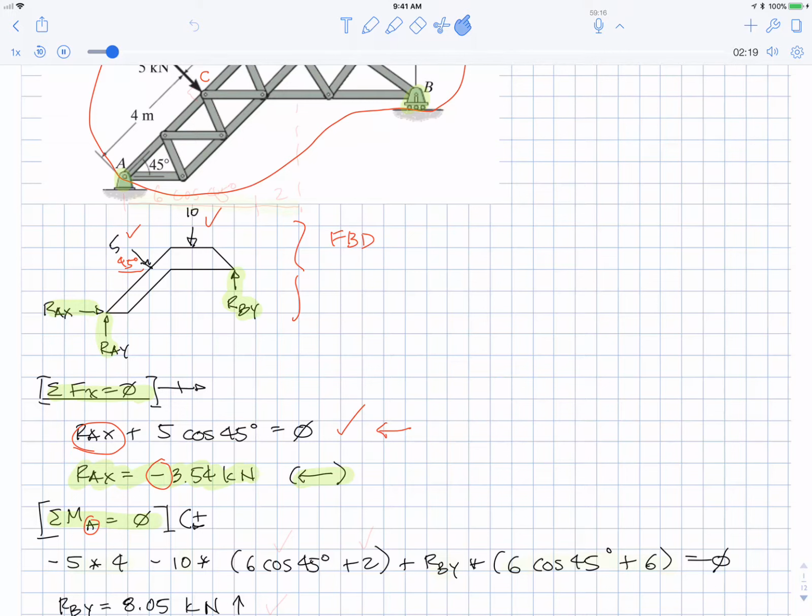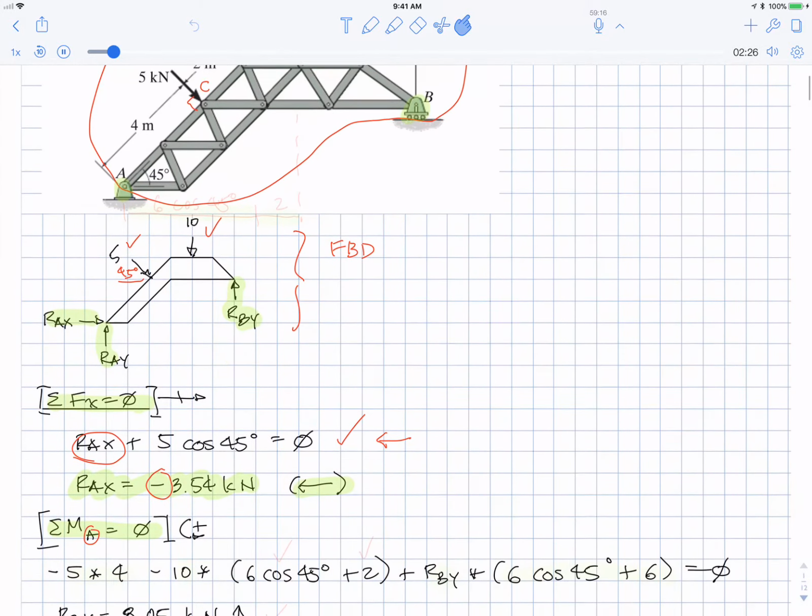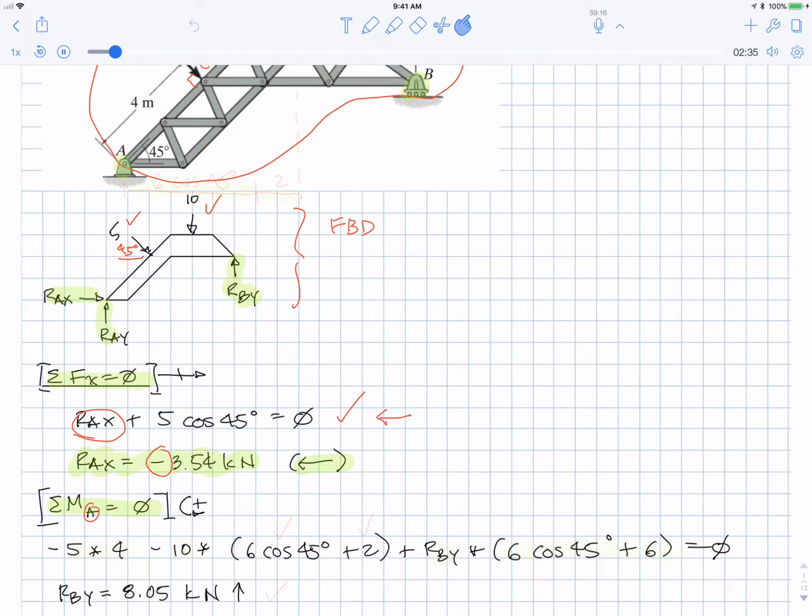Taking moments about A, what I did was I assumed that this 5 kilonewton force from the picture was perpendicular to the truss, and so the perpendicular distance from A to that 5 kilonewton force was drawn right in there. It was 4 meters. So taking moments around A, I got 5 times 4. That's the 5 kilonewton force times the 4 meter distance.